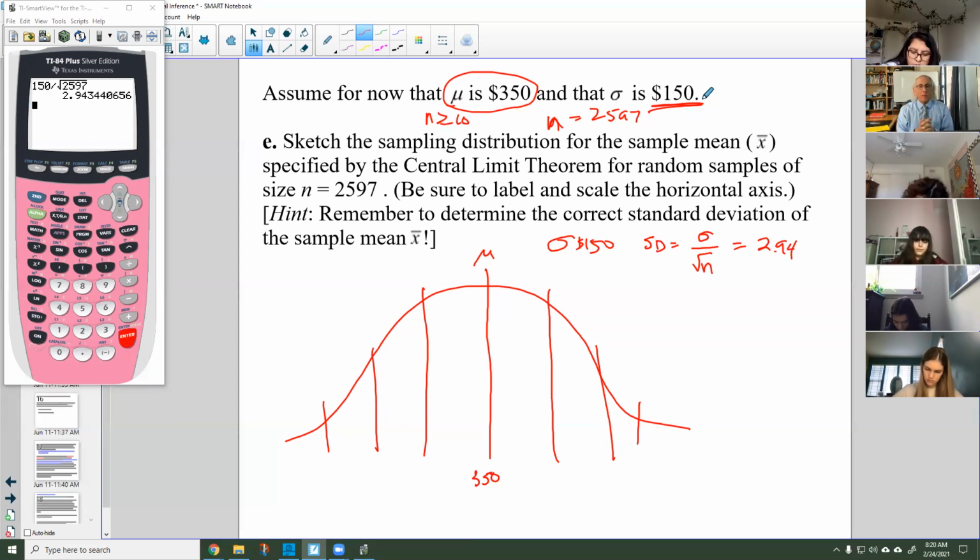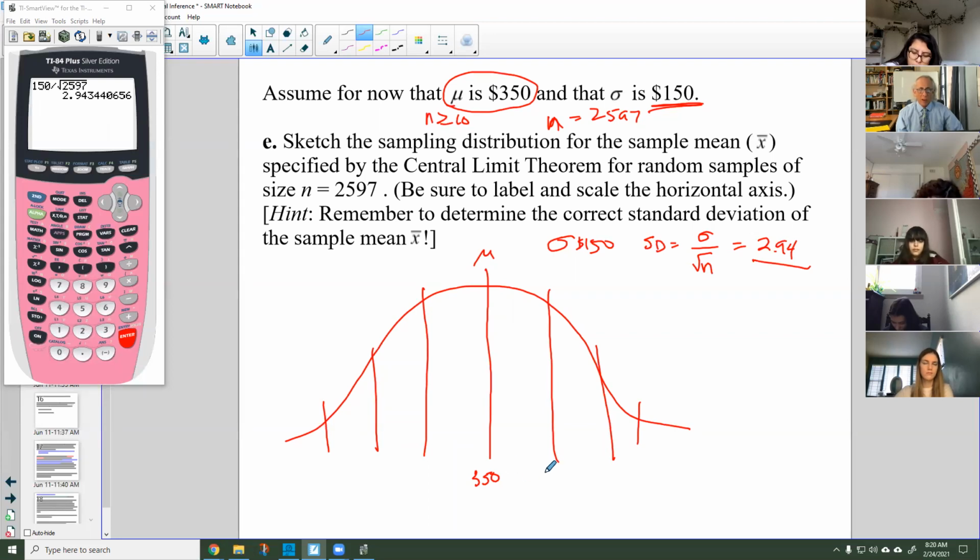But I'm not doing this for one person. I'm doing this for a sample size of 2,597. So there's going to be a lot less variability between one sample of 2,597 and the next sample of 2,597 and the next. It's going to be a lot closer to the actual population mean of 350. So that's why we have a standard deviation of 2.94.